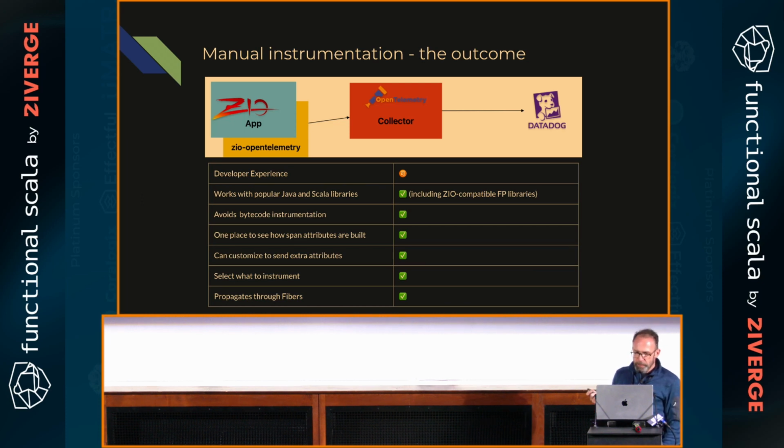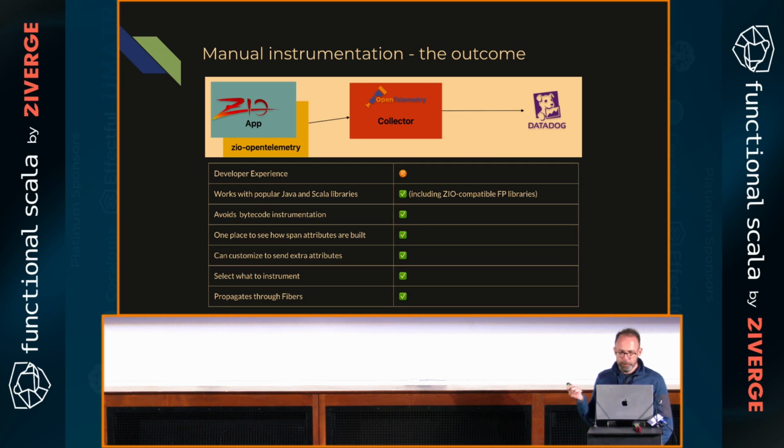So let's evaluate this. The developer experience is not as seamless as with the Java agent, but it doesn't make your code much more complicated. It works with libraries, including the ZIO-compatible functional programming libraries that we decided to instrument. Now we have those five, but it's easy to add more. It doesn't use bytecode instrumentation.